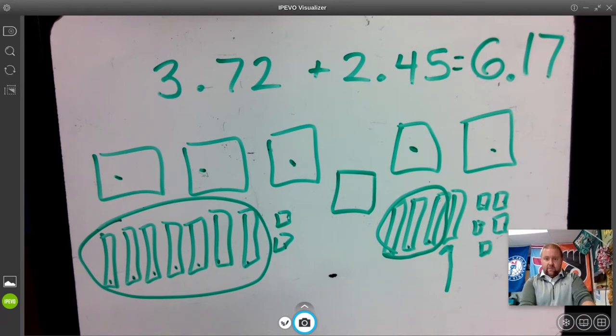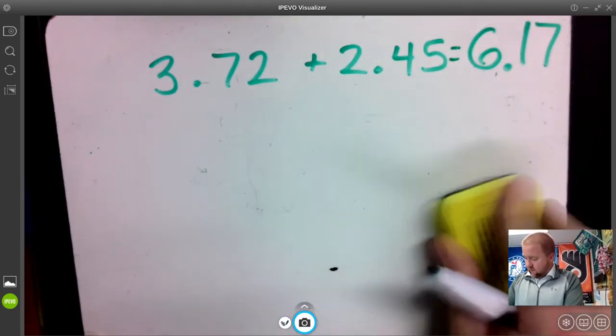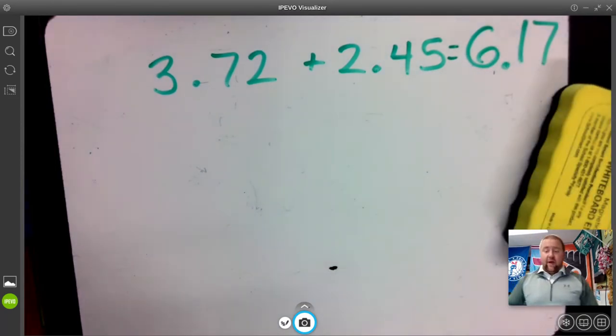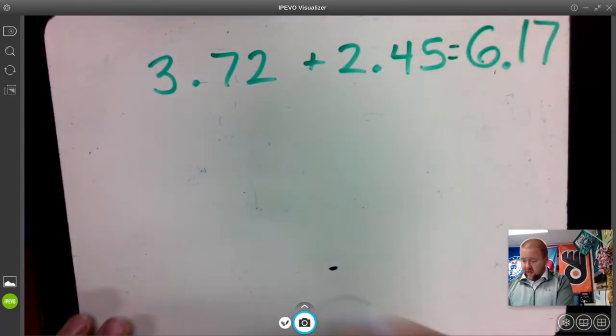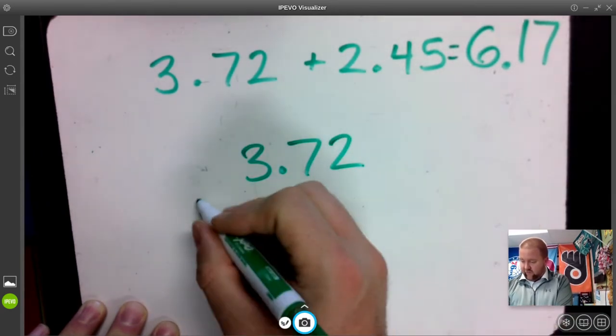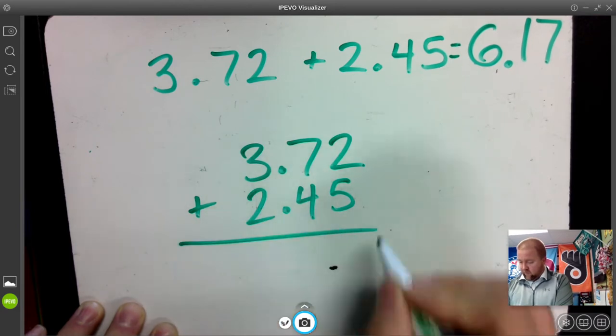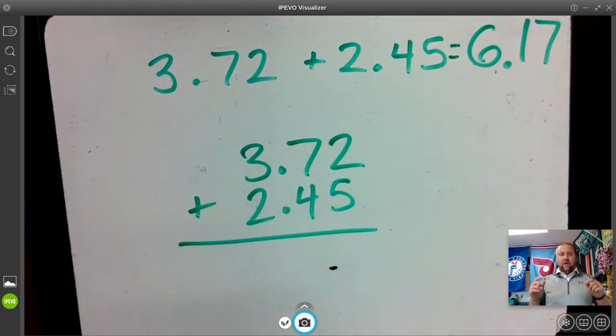Now, if I was to do this problem with what we call the standard algorithm, I would say 3 and 72 hundredths plus 2 and 45 hundredths. The biggest thing when we're doing these problems where we are adding decimals and even subtracting decimals is lining up your decimal point, okay?